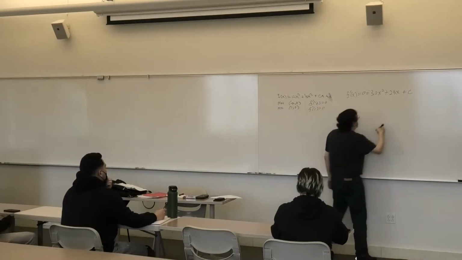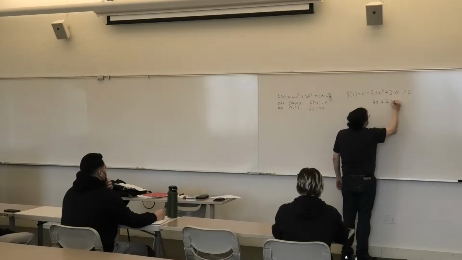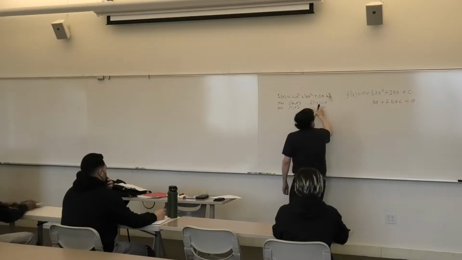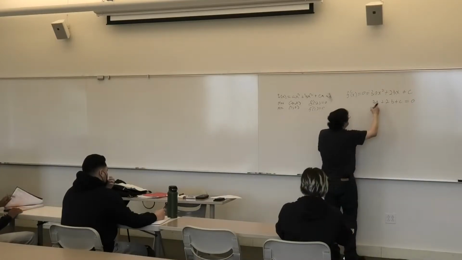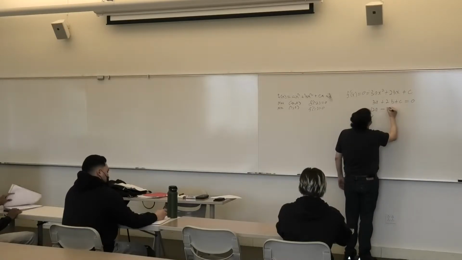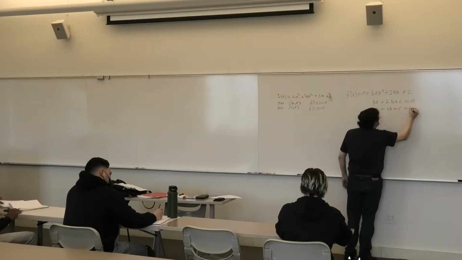So what does that tell us? If I plug in 1, I get 3a plus 2b plus c equals 0. And if I plug in -2, I get 12a minus 4b plus c equals 0.